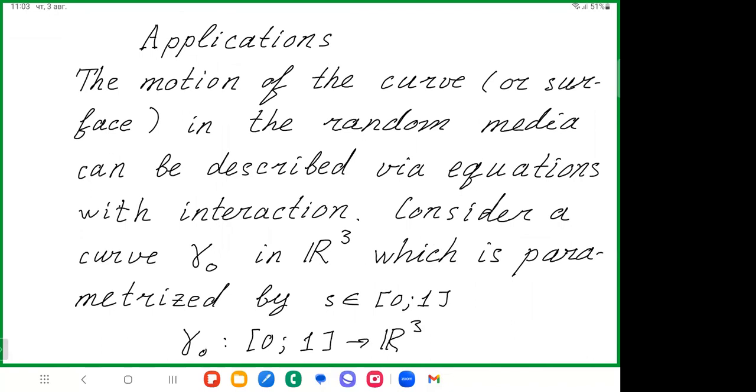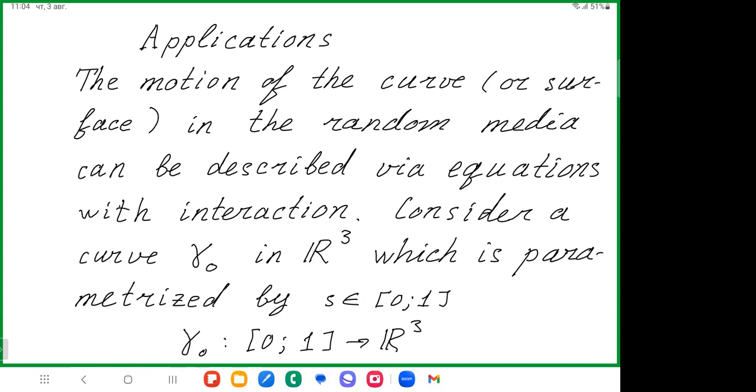This is natural because when we move the curve in the random media and consider some separate point of the curve, it moves under the influence of different forces. One is the influence of random media, or the force of the liquid.